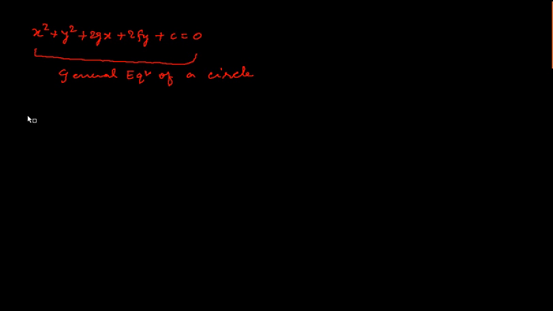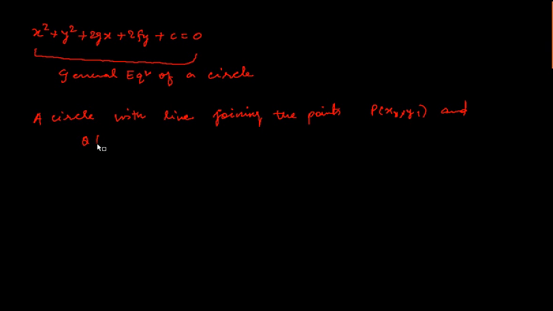We are trying to find out a circle with the line joining the points x1 comma y1 and x2 comma y2 as its diameter.